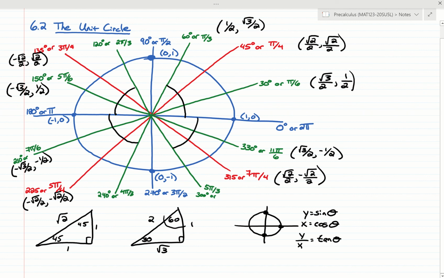Alright, so this, we're going left, so that's -1/2, comma √3/2. This angle right here, we're going left and down. And then this angle right here, we're going down. And that's how you complete a unit circle.